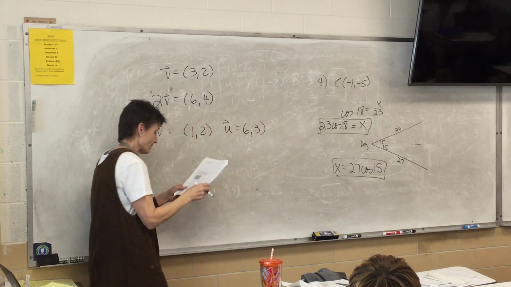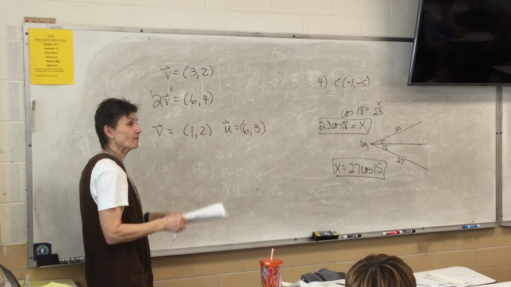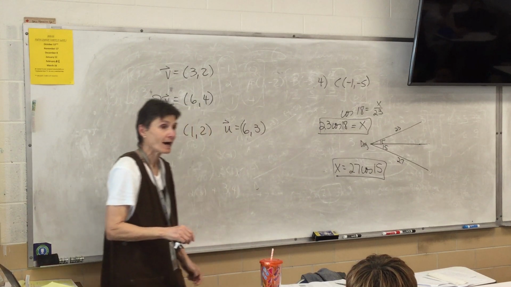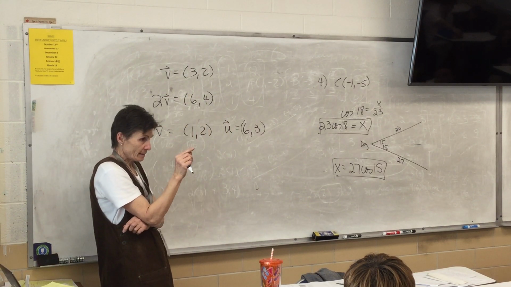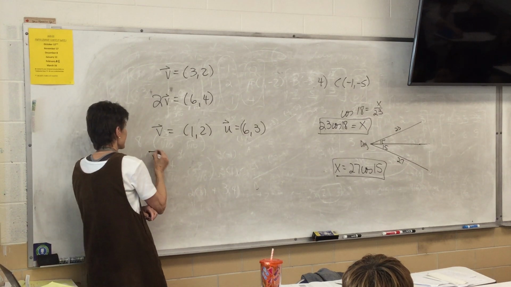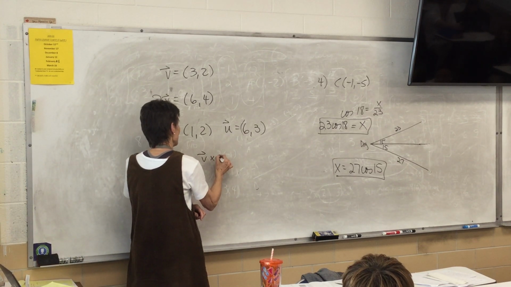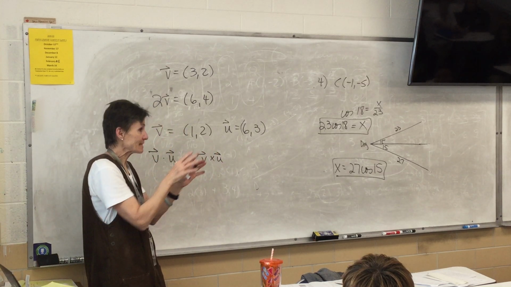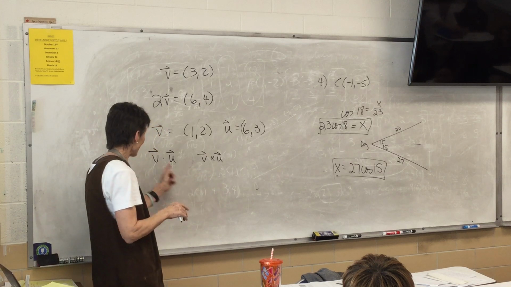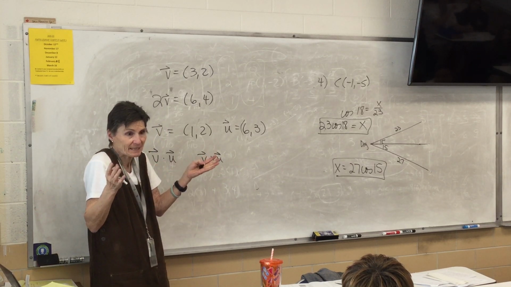So I have these two vectors, and I am going to find what's called their dot product. Now, in vector land, this is different than this. In regular multiplication, if I say 2 times 3, if I put a dot between them, or if I put a cross between them, it doesn't make any difference, right?